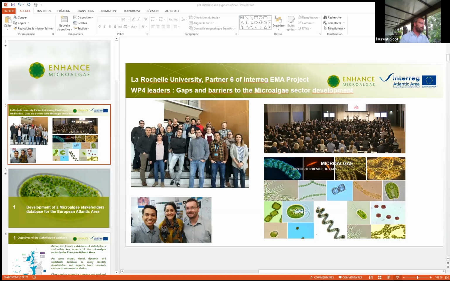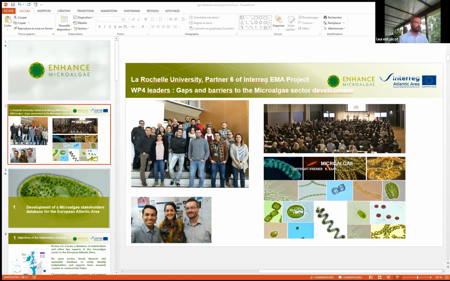So we have built 2 tools to easily identify key players of the microalgae sector. The first one is a stakeholder map that can be freely accessible from the EnhanceMicroAlgae website.